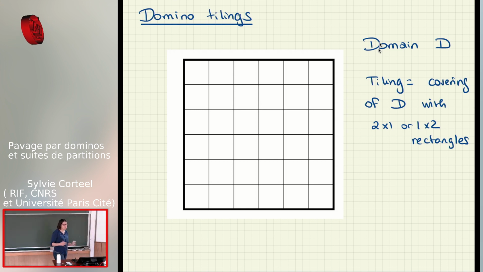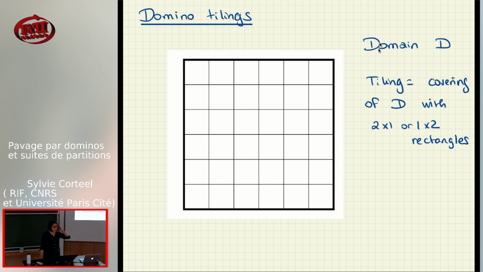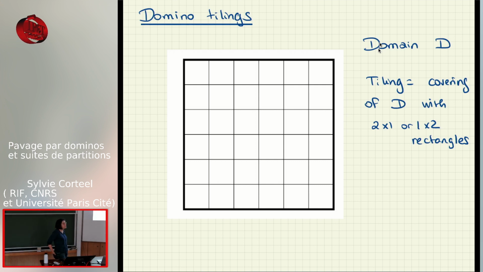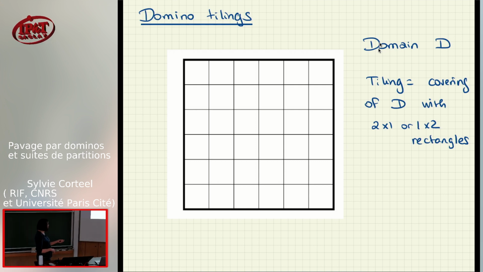I'm going to choose a subset of Z squared, that's my domain D. Here is an example where the domain is just a 6 by 6 square. A tiling is when I cover my domain with dominos. Dominos are just 2 by 1 or 1 by 2 rectangles. So let's do an example.